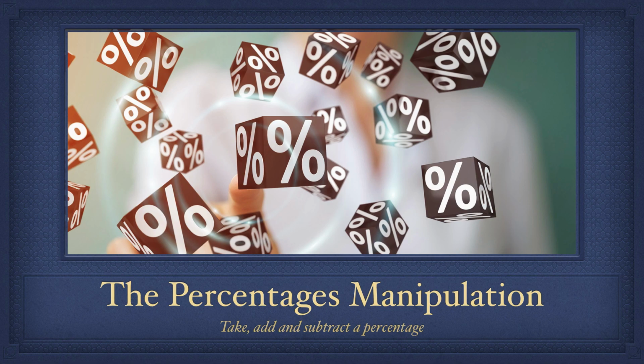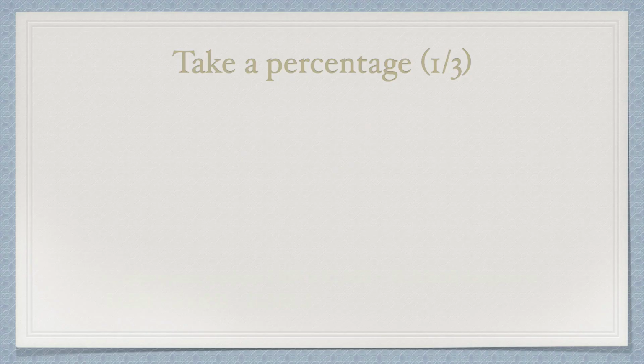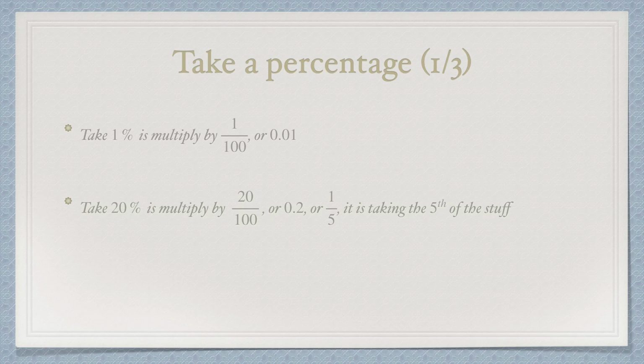And now we shall formalize the percentages manipulation: how to take a percentage, how to add a percentage, and how to subtract a percentage. First, how to take a percentage. Take 1% is multiplied by 1 over 100 or 0.01 or divide by 100. Take 20% is multiplied by 20 over 100 or 0.2 or 1/5 or divide by 5.